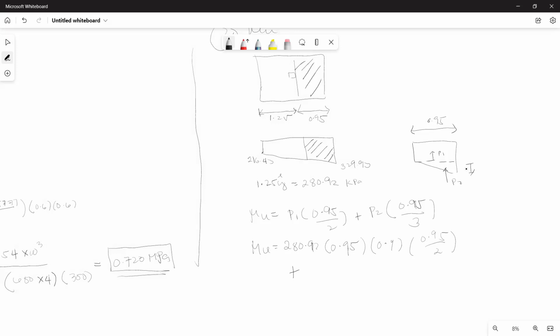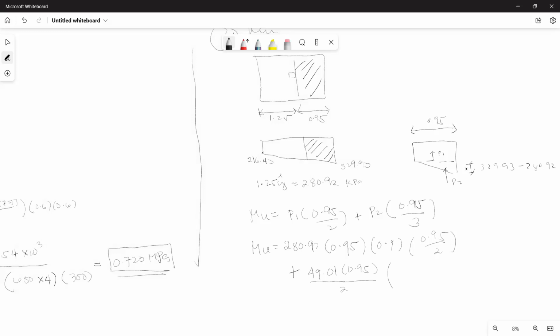Yung distance na yan is 329.93 minus 280.92. So ang distance na yan is 49.01. Multiplied mo by length 0.95. Triangle yan, so times 1 over 2.